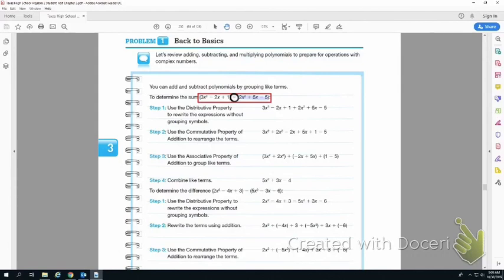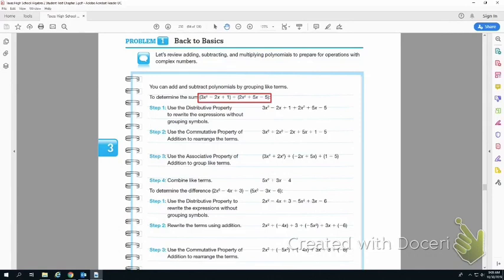Connor, is that going to do anything to the second polynomial? No. So if I'm adding those two, I just get rid of the parentheses on the second set, and I combine all my like terms. That's what they're doing, steps 1 through 4 here.